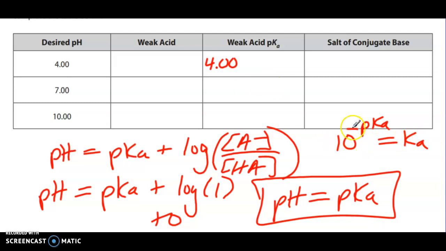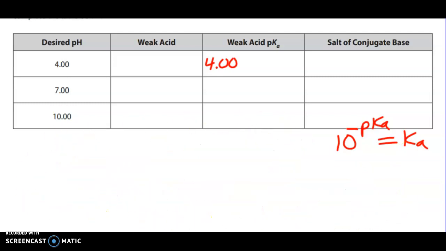So if we do 10 to the negative 4, we can solve for the Ka value we ideally want to look for. 10 to the negative 4 gives us 1 times 10 to the negative 4.